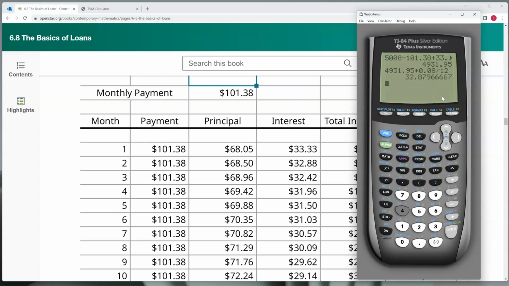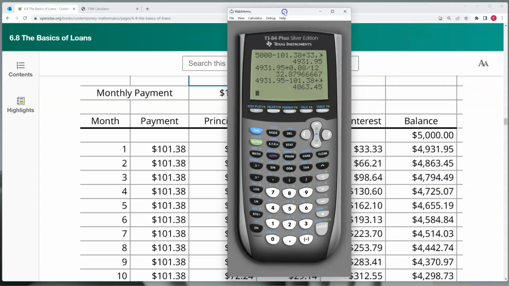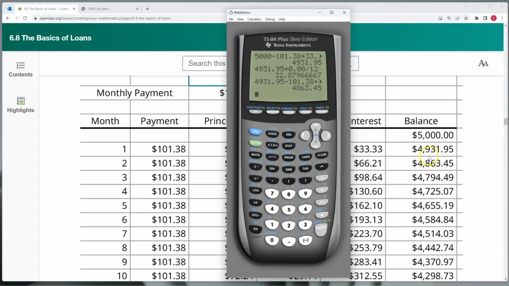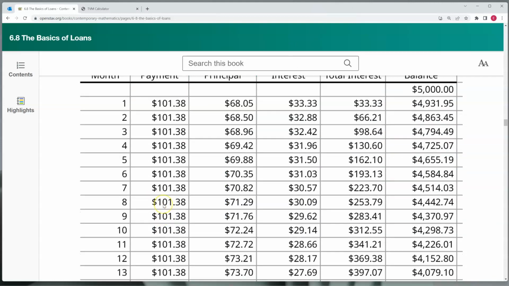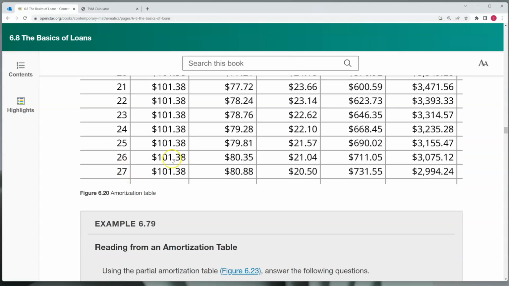It's going to be $4,931.95 minus your payment of $101.38, and then you're going to add on $32.88 of interest. And that's going to bring your current balance to $4,863.45. And then this continues until you've paid off the loan in 60 months.